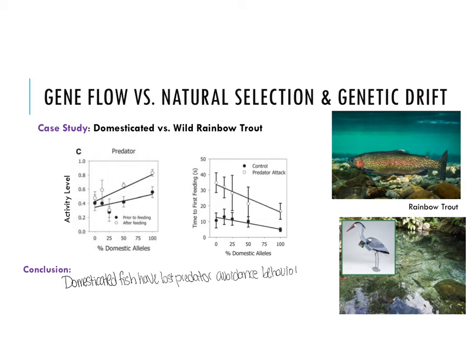And this isn't learned. This is genetic. These are phenotypes. These are a behavioral phenotype. And so if they get these genes, they're also going to lose their predator avoidance behavior.